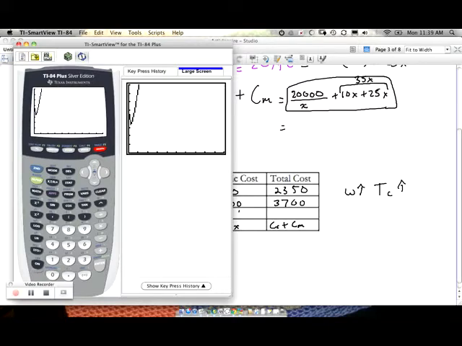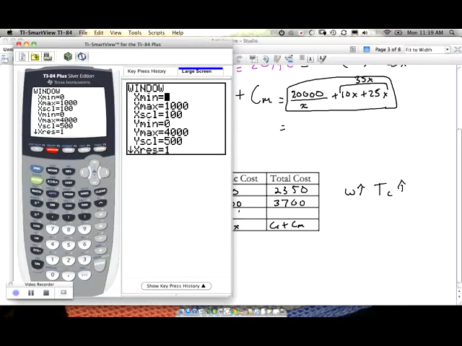Oh, yeah, we hit a minimum cost right here pretty early. So we need to zoom in on that. So we're looking between 0 and 1. And it looks like if these were in 500s, we got 500, 1,000, 1,500 to about 3,000, somewhere in there. So let's look at, for our y values, between 1,500 and 3,000.